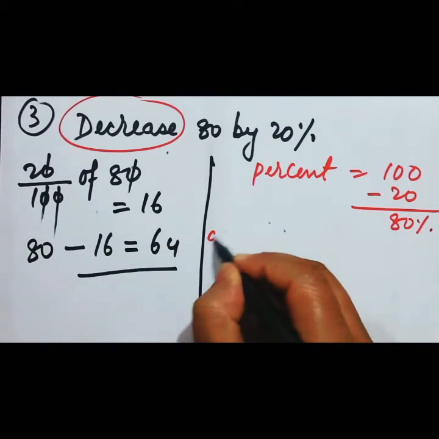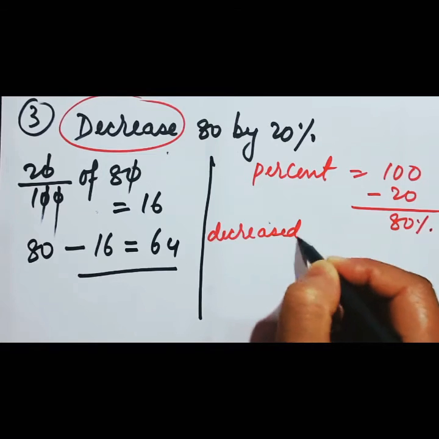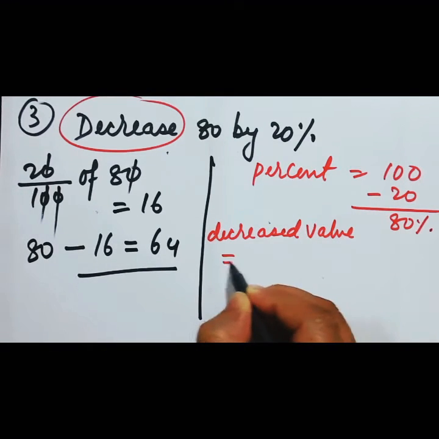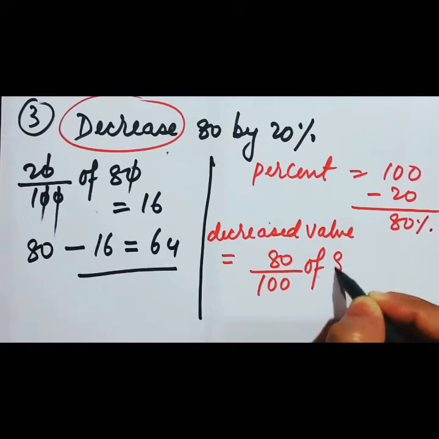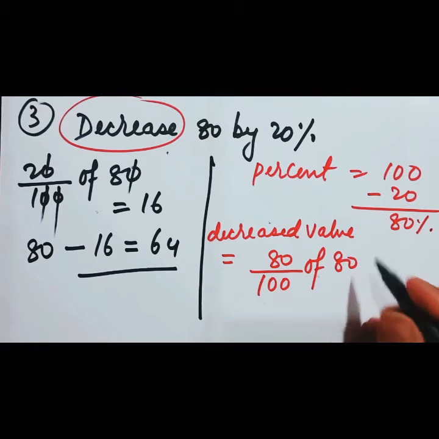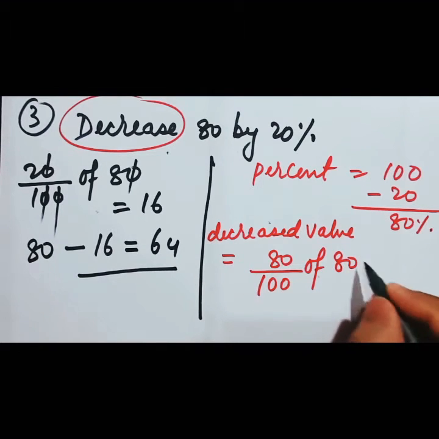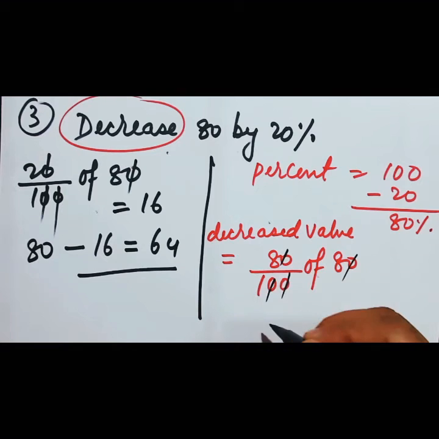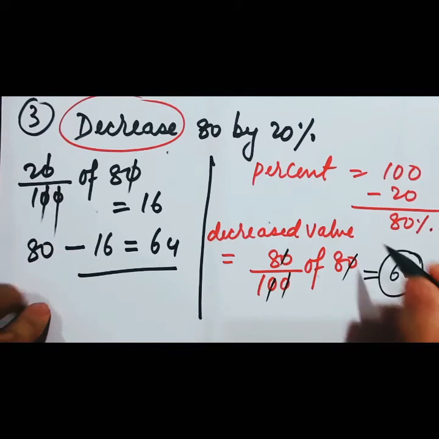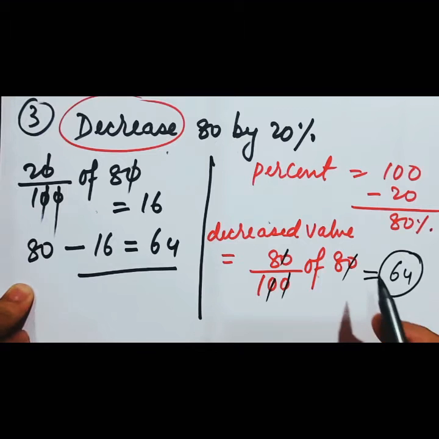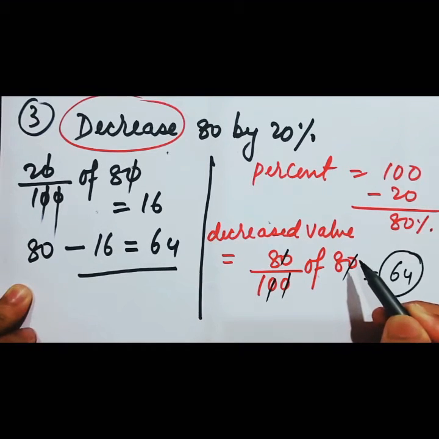So the decreased value will be equal to 80% of 80. Let us see how much I get: 64. The same thing that we got over here. This was the old method, and this was the formula method. I said both will fetch you the same marks, but you need to know both of them. Clear?